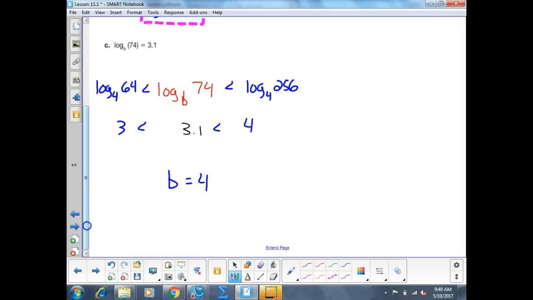Does that make sense? Is that logical? 74 is a lot closer to 64 than it is to 256, yes? So my base there should be 4.